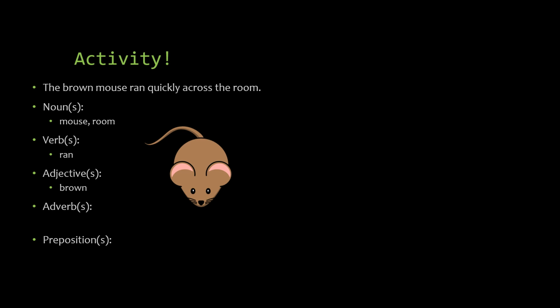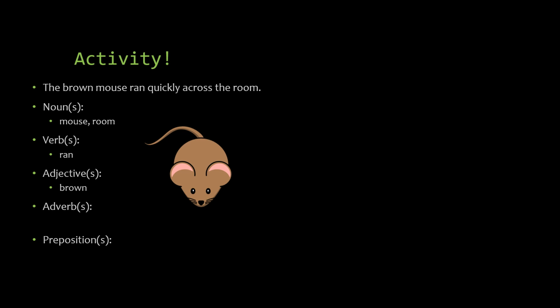When it comes to colors, just as a side note, colors can be nouns if we're talking about them objectively. It depends on the context of the sentence. If we're talking about the color green, for example, just discussing green as a noun itself, then it acts as a noun.